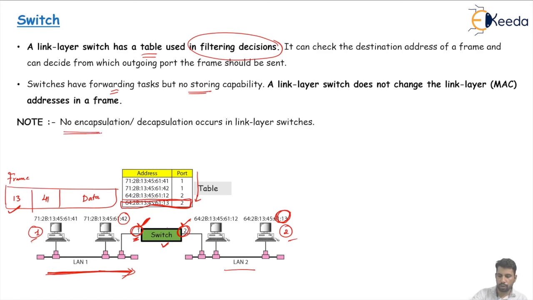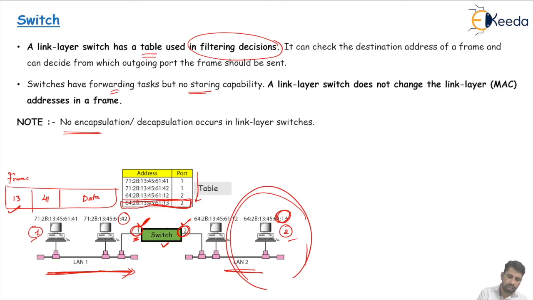Please note these two important points: no encapsulation or decapsulation at the switch, as well as no storing capability, only the forwarding decision. The frame is not stored at the switch. Only the destination address is checked in the header, a decision is taken, and the packet is passed to the corresponding port. And this device will receive the message.